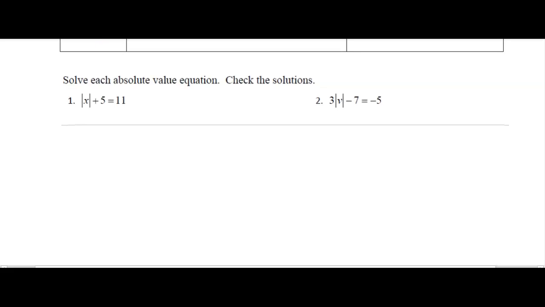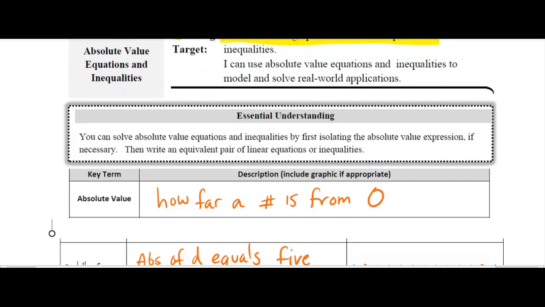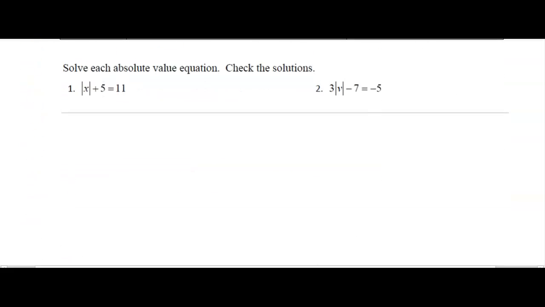We'll check a couple. So if we go back up to our steps here, it says that you need to isolate the absolute value expression. Okay. So in order to isolate this, we're going to subtract 5 from both sides. And when I do that, that leaves me with the absolute value of x is equal to 6.